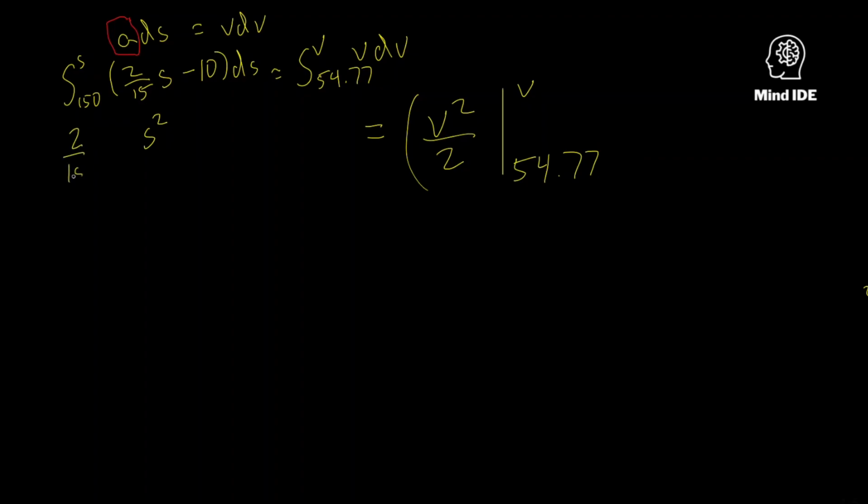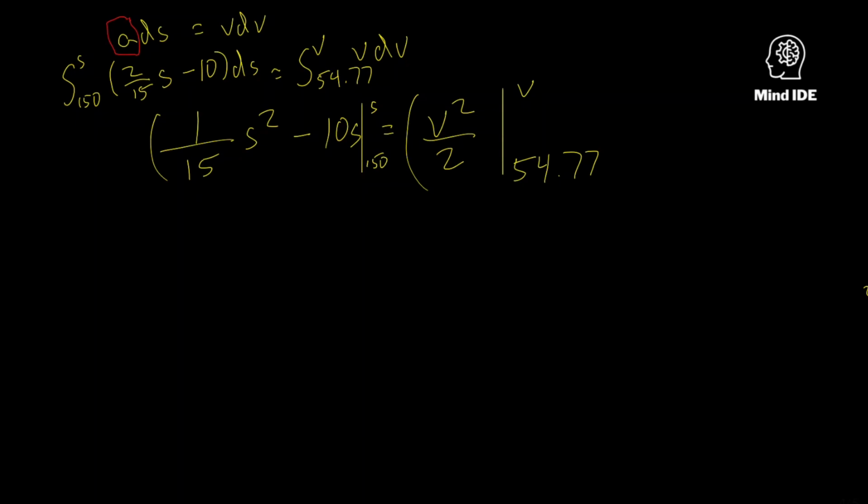This is 2 over 15 times 1 over 2, so that's going to cancel. So we've got 1 over 15 s squared minus 10s. Oh, we almost forgot, very important: s from 150.